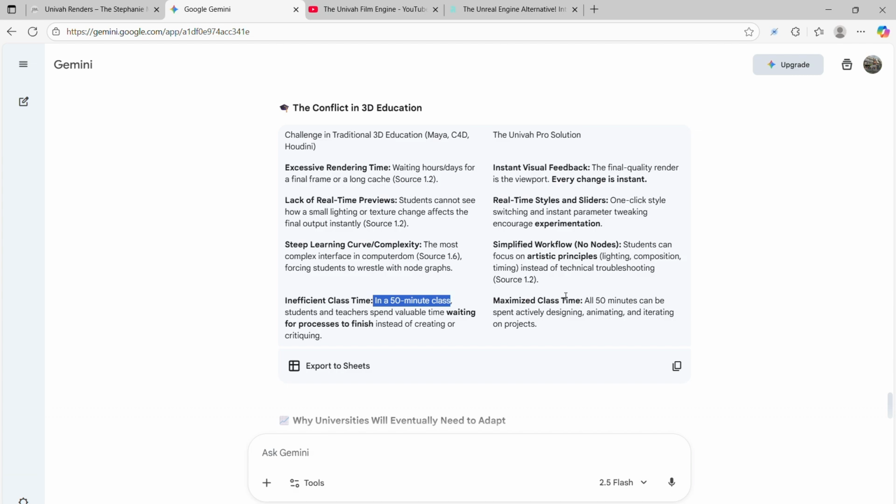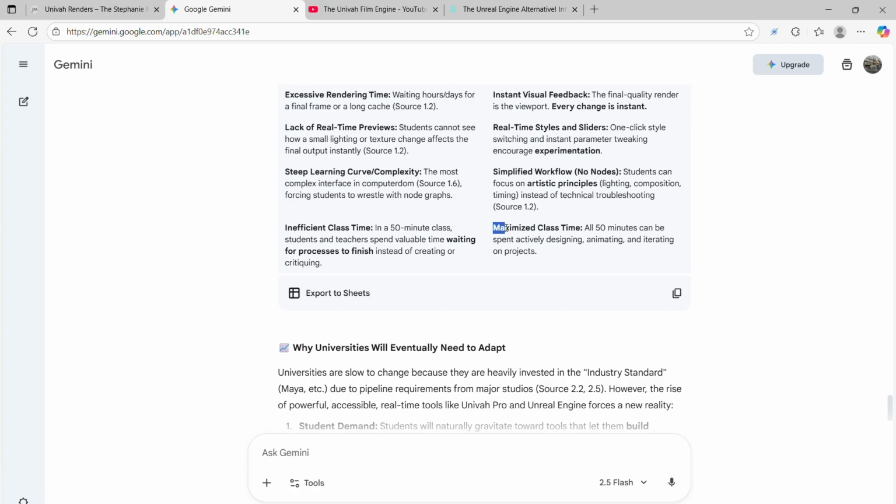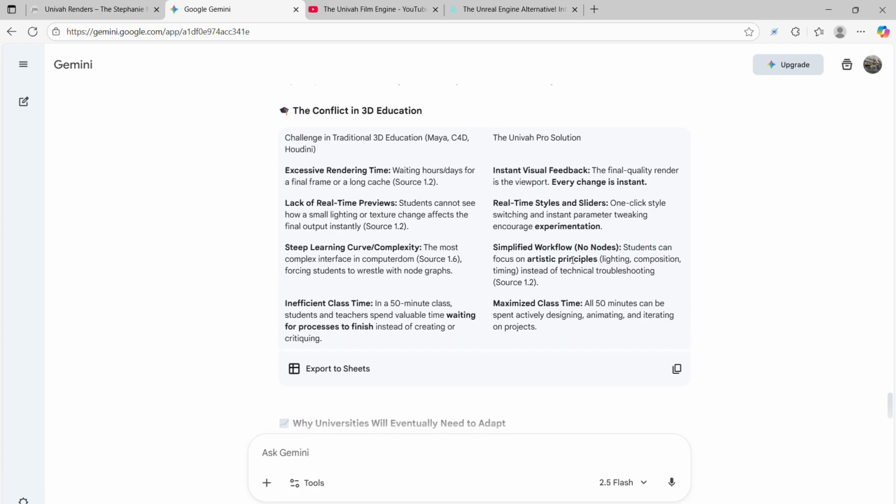So between learning a difficult 3D software that is highly technical versus something that seems like a playful sandbox that gives you the same final output but instantly, you get to maximize your class time with Univah Pro, okay?